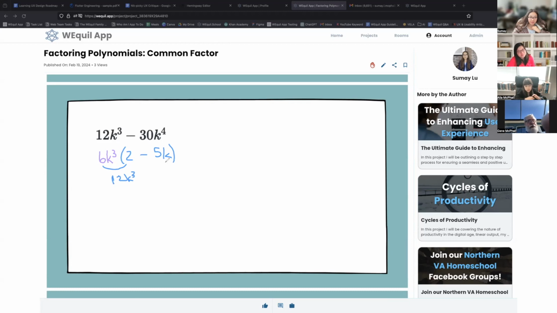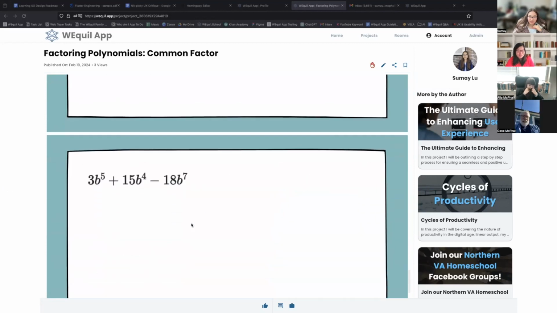And then 6k cubed times 5k is going to be, 6 times 5 is 30k to the power 4, because k cubed times k equals k to the power 4, which is what we have up here. You are saying k squared instead of k. Sorry, k cubed.